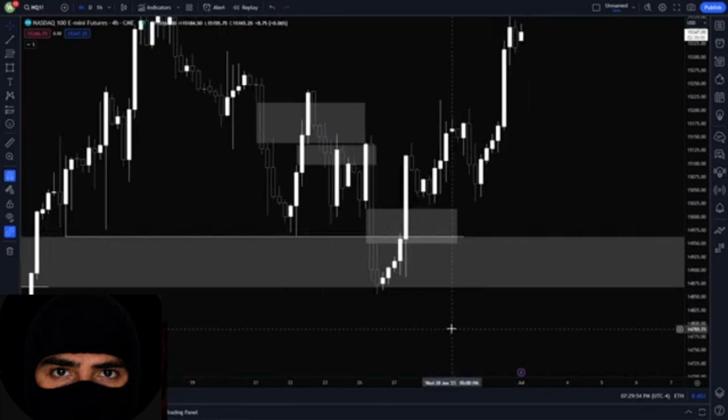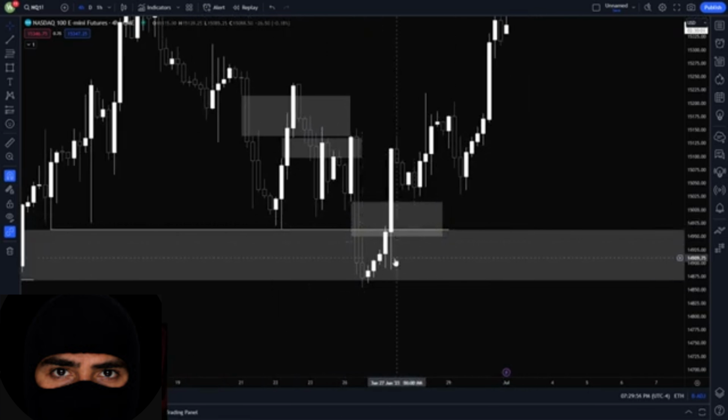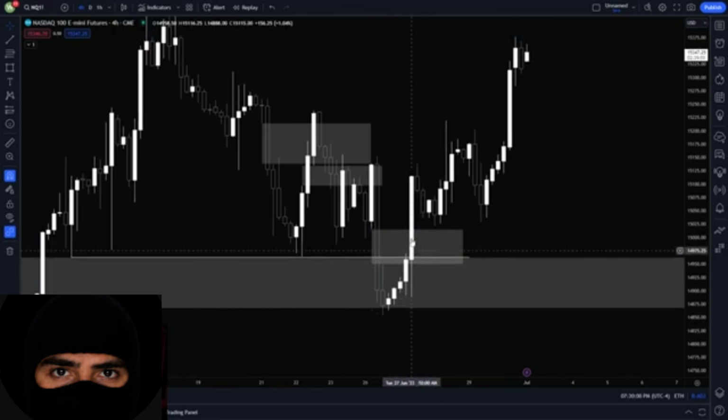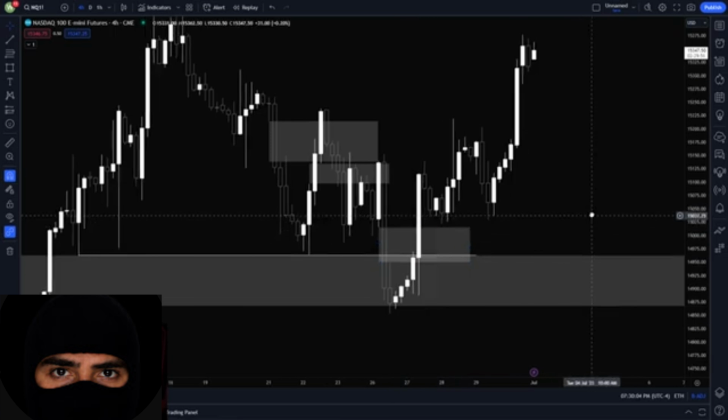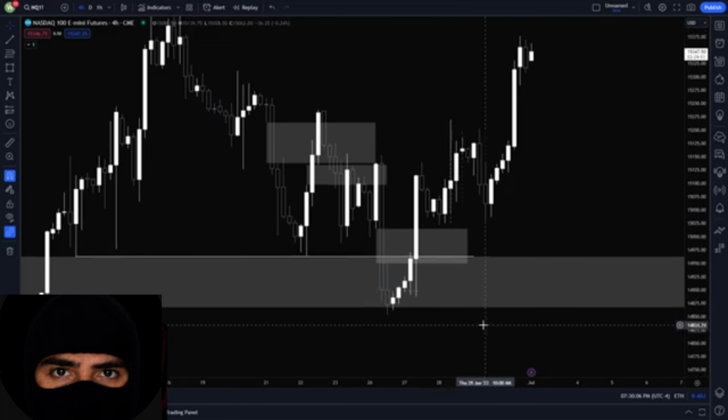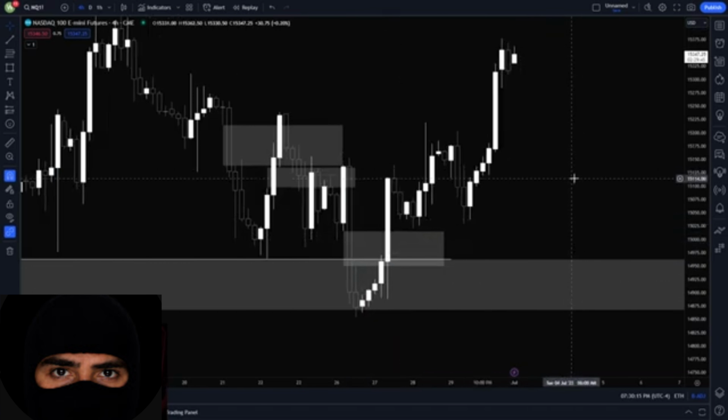Liquidity swept, bouncing off the daily. Once we come into this fair value gap here, if this does not reject and go lower, and we end up going right through this, the draw on liquidity becomes higher because we're already starting to play out with our model. If liquidity swept and we're bouncing from the lows, we already think the draw is higher, right? But if we even show more that we're rejecting bearish fair value gaps, that gives us even more confidence that the draw on liquidity is higher.